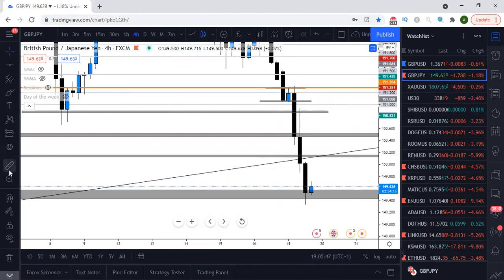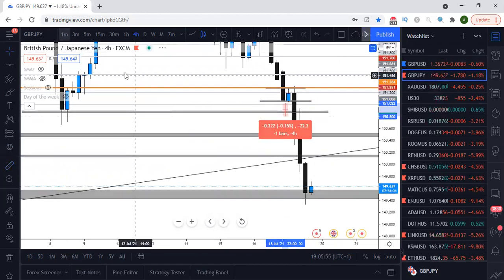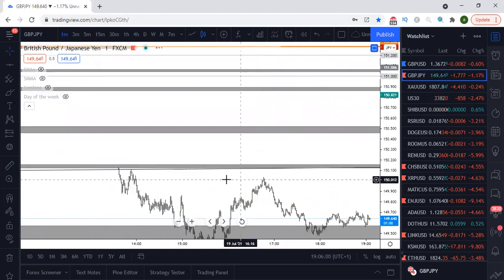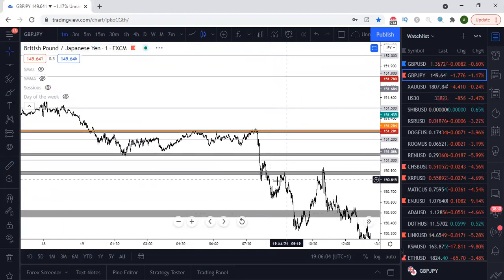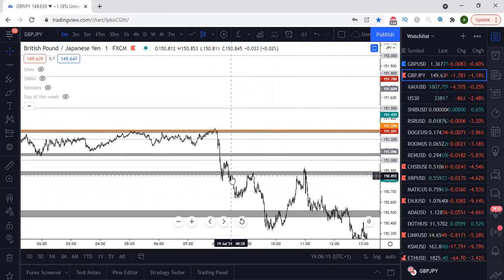Because I could have easily made more. It came to 80 within a few minutes. As soon as I got the entry, it came to that area. Where was it? 808. Look, I got the entry, it went down to 66. So as soon as it broke down over here, I just got in.